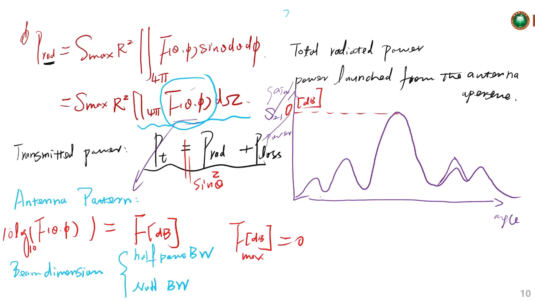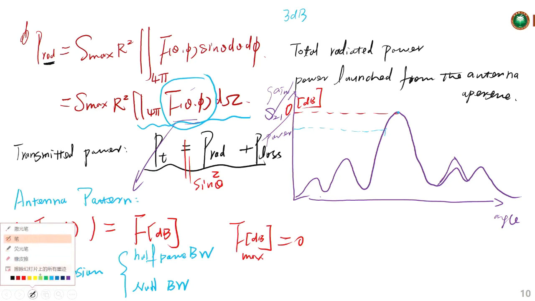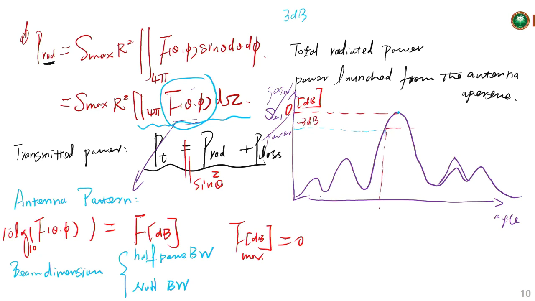So half corresponds to 3 dB. All right. So that means when the power is reduced by 3 dB from the original, the maximum point, so minus 3 dB corresponds to 2 angles, right? This side is theta 1, this side is theta 2.